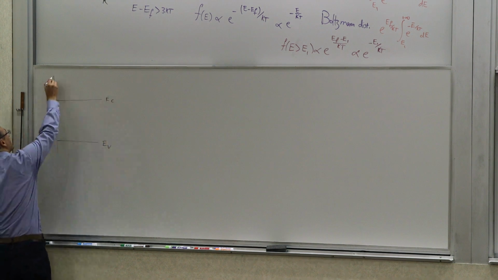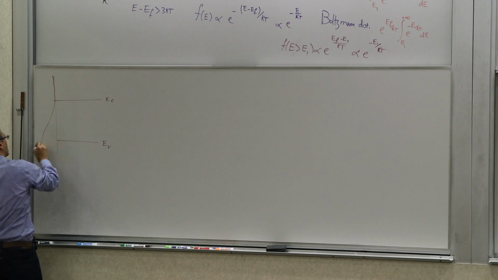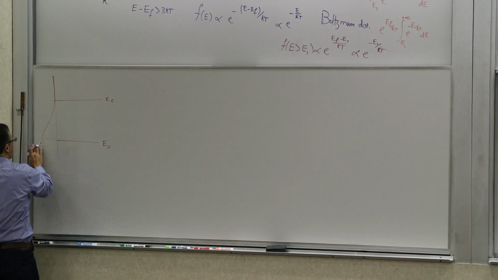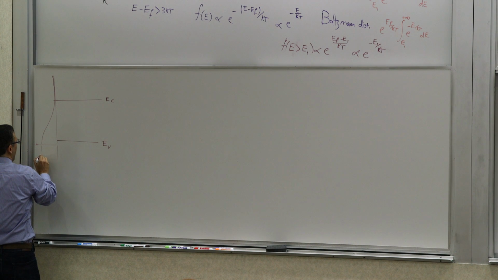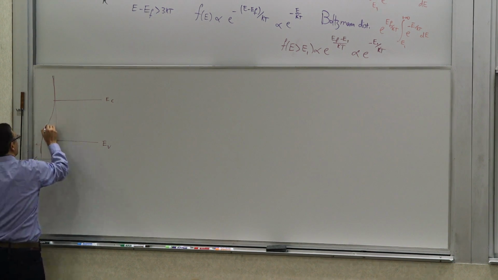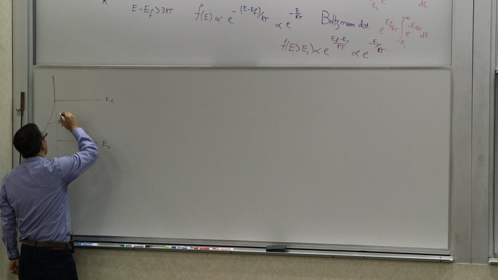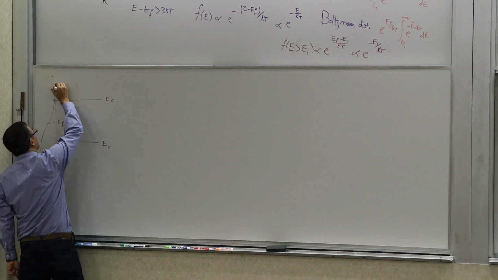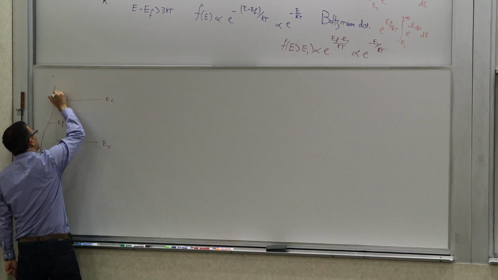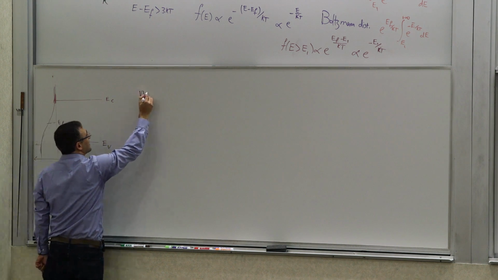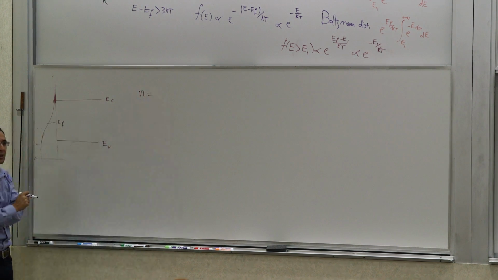And then you have a Fermi-Dirac distribution describing the probability of finding these things at a certain energy level with some Fermi level, EF. What are those probabilities? The probability of finding an electron in the conduction band tells me the density of electrons, n, right?